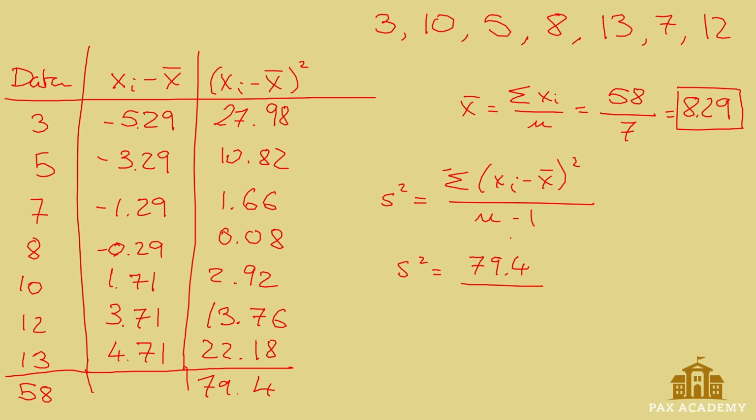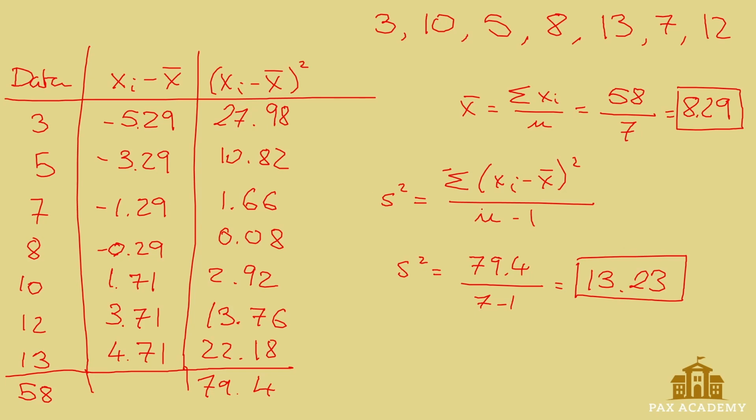Now n we know is 7, the sample size, because we have 7 data points. So we do 7 minus 1, which is 6, and then we solve. That should give us 13.23. So that's our sample variance.